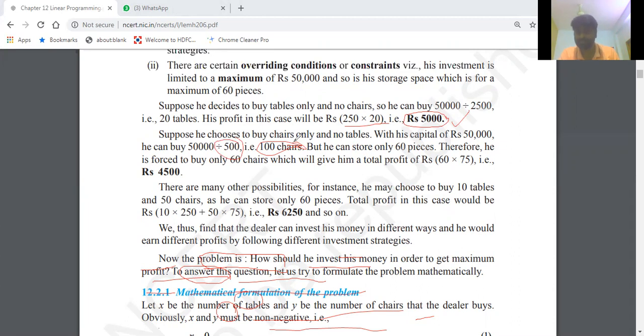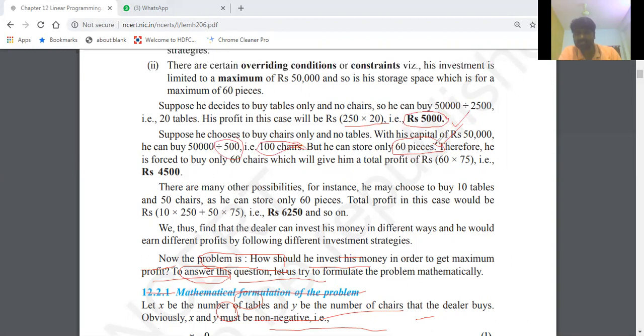Let us see. Can you allocate space for 100 chairs in your vehicle? No. How many pieces can you place? 60 only, correct? 60 pieces only you can place in your vehicle.